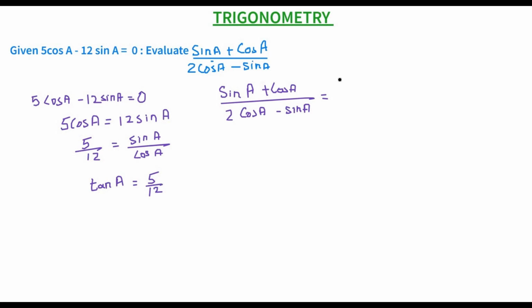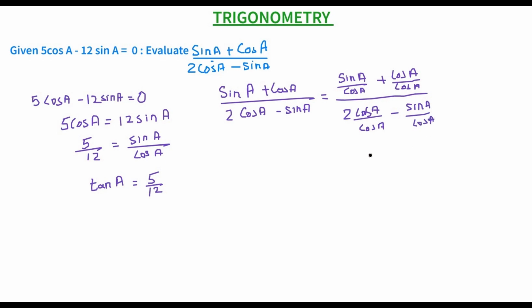So we are going to divide the numerator and the denominator by cos A. This will become sin A by cos A plus cos A by cos A. Since 2 cos A is there, we'll write 2 cos A by cos A. Even the denominator you have to divide by cos A: minus sin A by cos A.